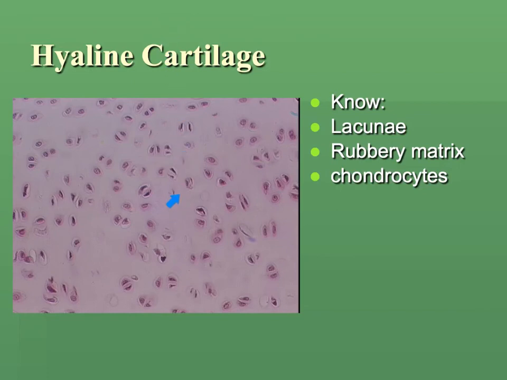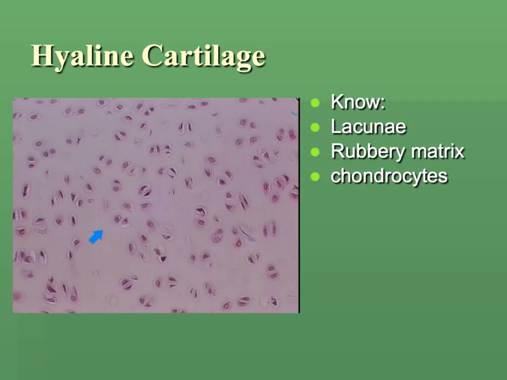Now with this we have the background being very smooth looking, and that's the rubbery matrix. With connective tissue, the matrix is the non-living portion of the cell. So what we have with connective tissue and cartilage is few cells spread out within a large area of non-living matrix.